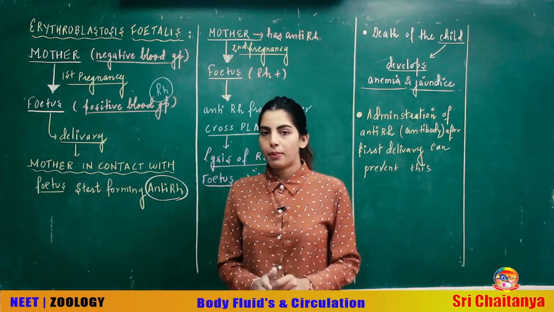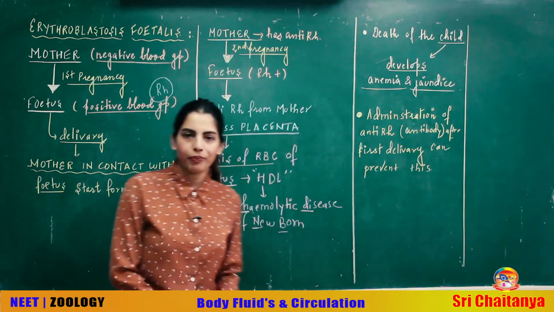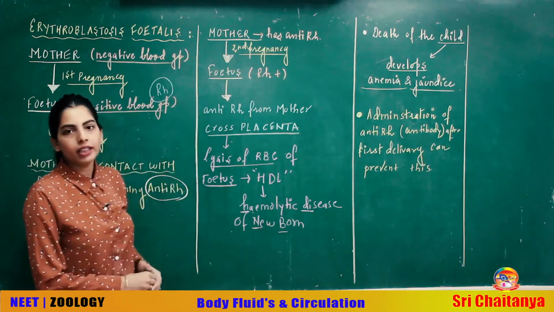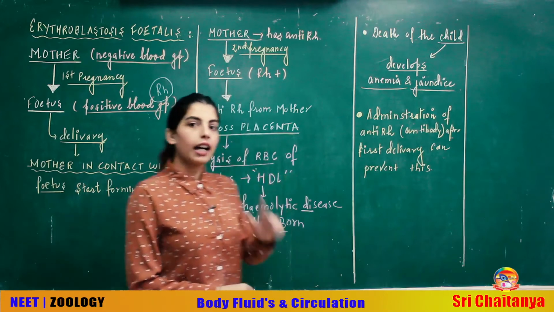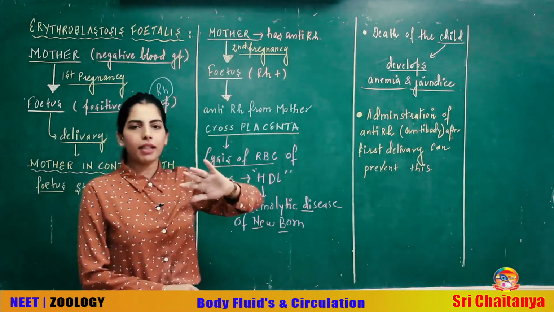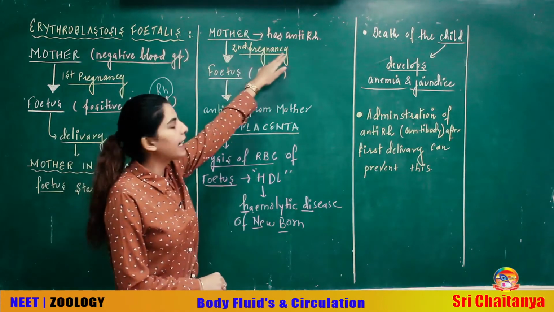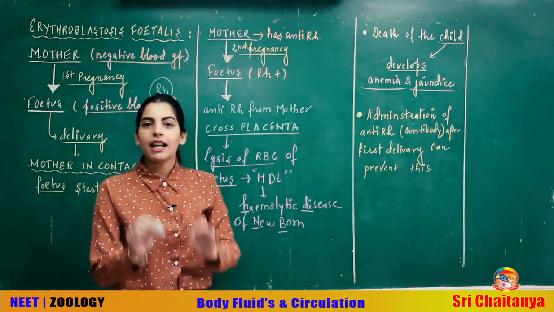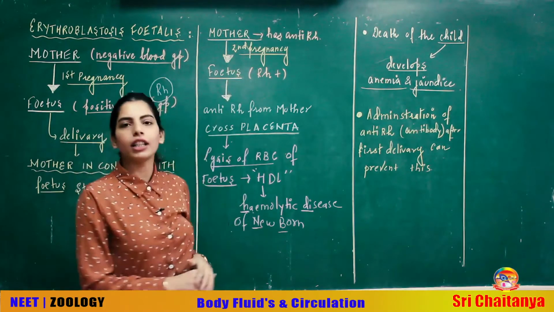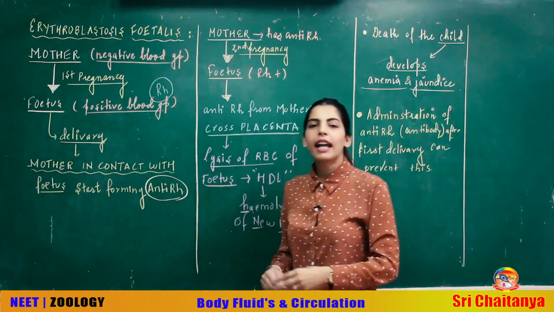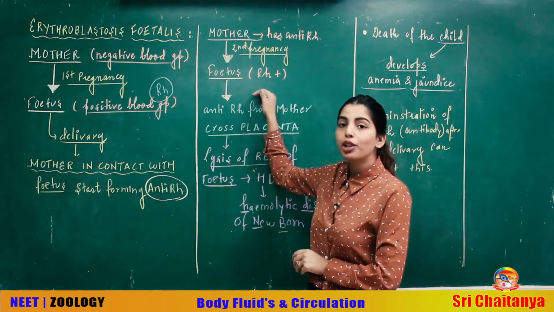Now what will happen in the next part, during the second pregnancy, that we are going to see. Now when the mother is pregnant for the second time, again the mother has the same negative blood group, but this time what she has is anti-Rh, which means antibodies against Rh. And when she is pregnant for the second time, the fetus that she is carrying again has Rh positive blood group.